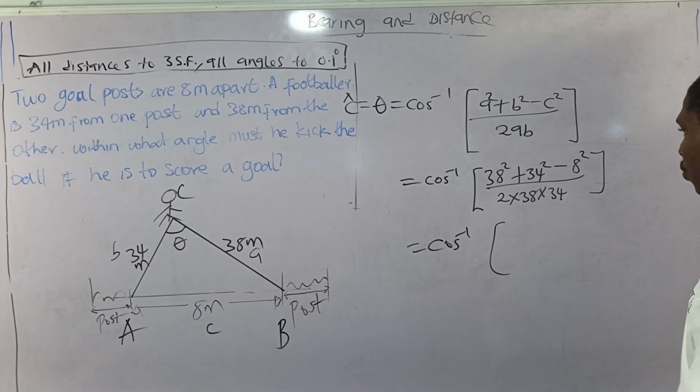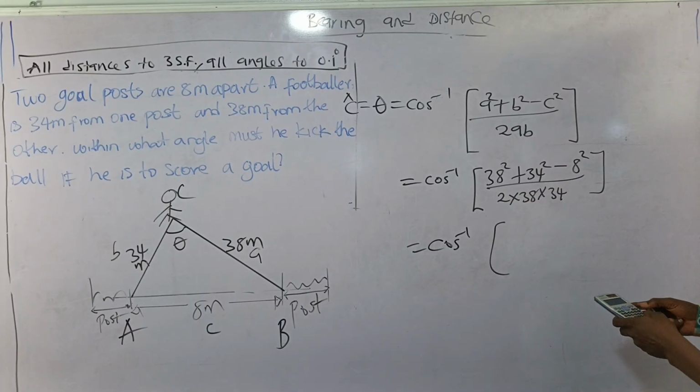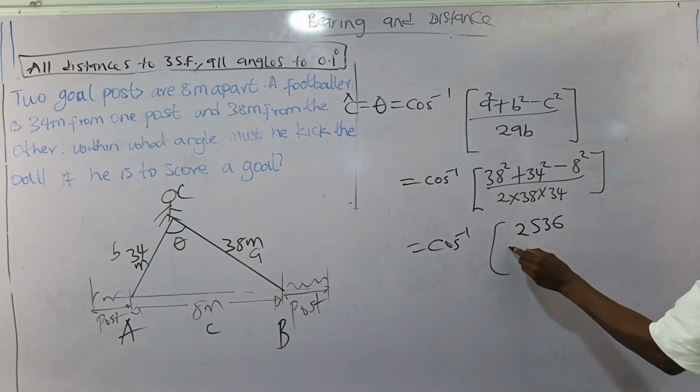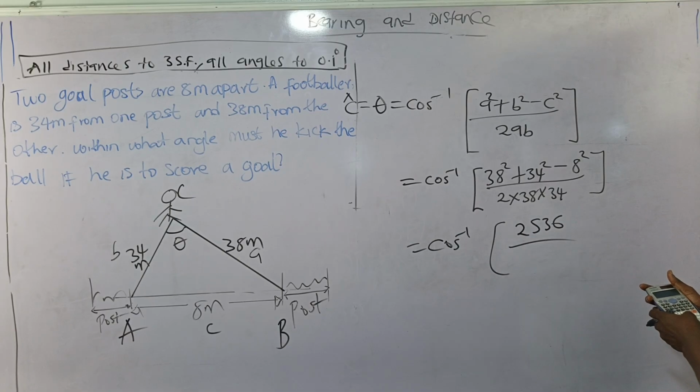Just resolve the top as 1 and the bottom as 1 as well. The top gives me 2536, and the bottom is 2 times 38 times 34.